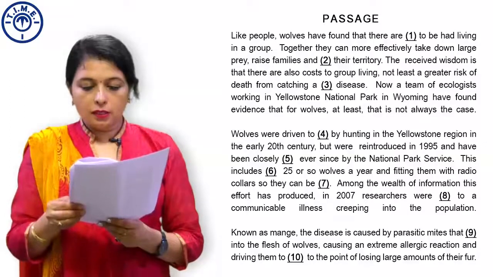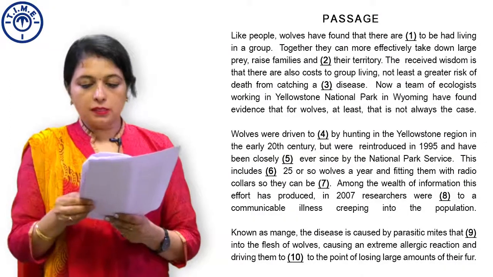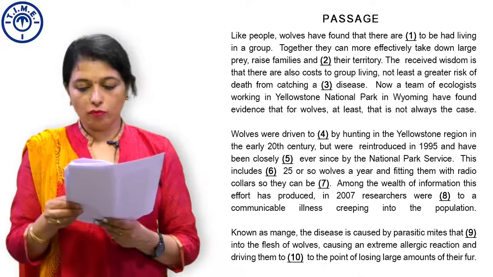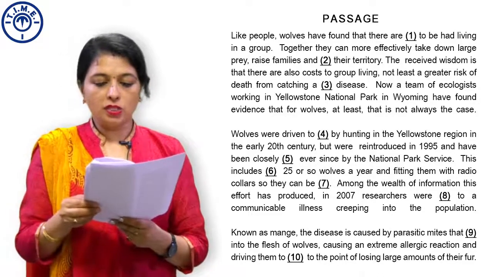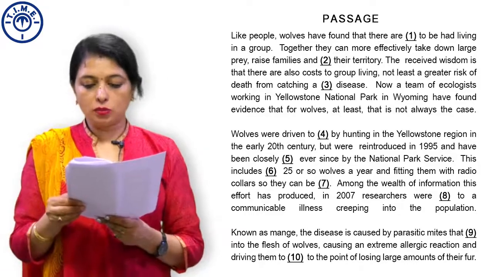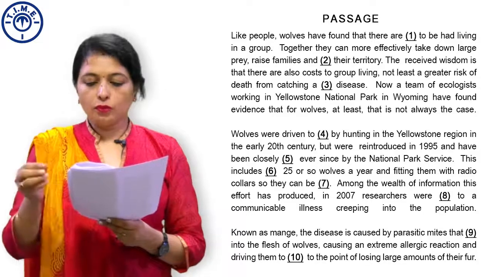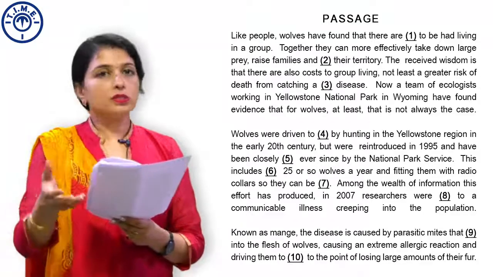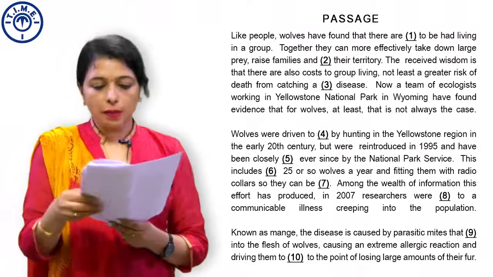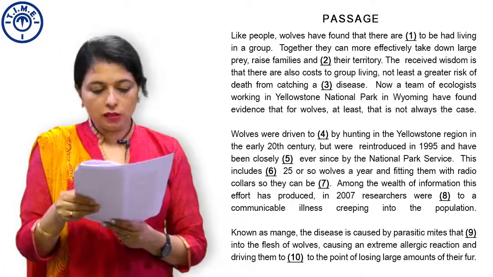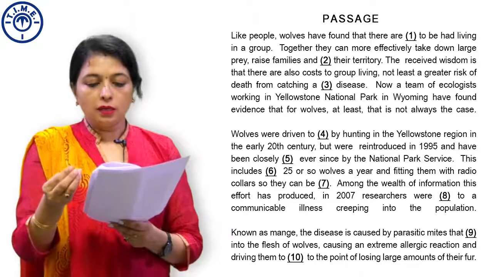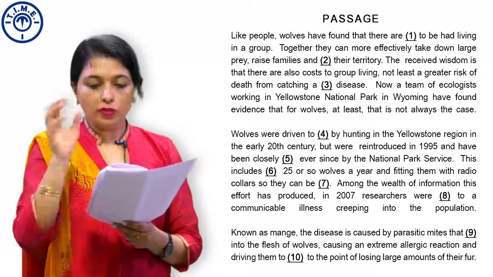It says, known as mange, the disease is caused by parasitic mites that dash into the flesh of wolves, causing an extreme allergic reaction and driving them to dash to the point of losing large amounts of their fur. So, what was the disease? The name of the disease has been given to you, and it is caused by parasitic mites. Now, what these mites did is that they did something to the flesh of wolves.